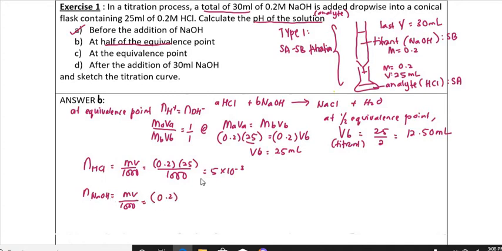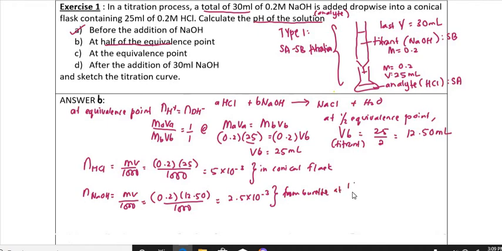Volume NaOH refers to the volume titrant here at half equivalent point. You get 2.5 exponent negative 3. This is mole in conical flask. This is mole from burette at half equivalent point. Okay.